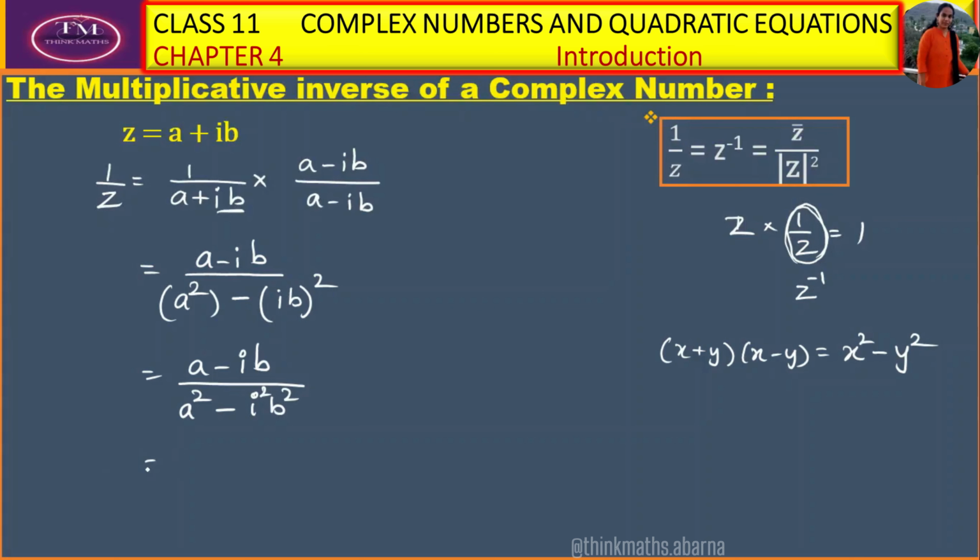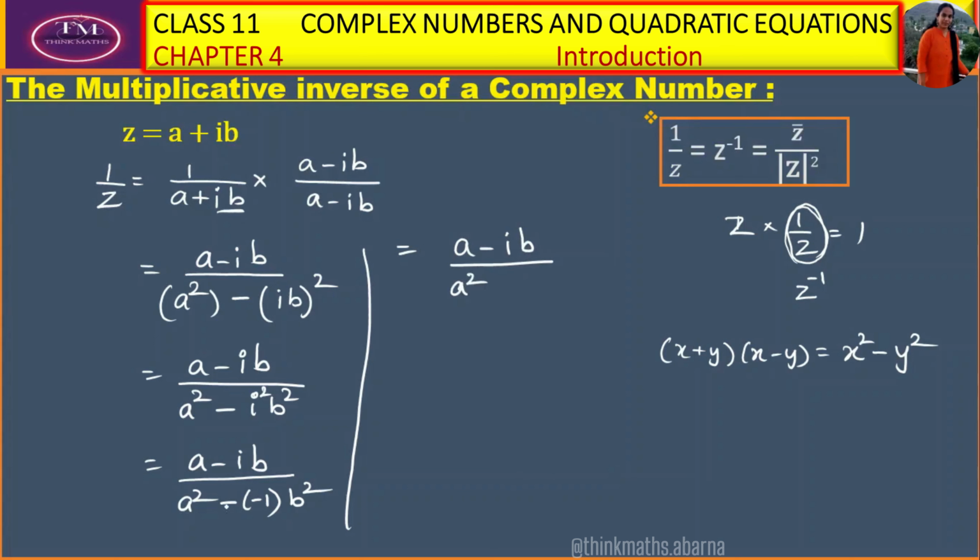Okay. So we will get a minus ib divided by a square minus what is i square? It is minus 1 b square, which is equal to a minus ib divided by a square. Here minus into minus is plus b square. Okay. So what is a minus ib?